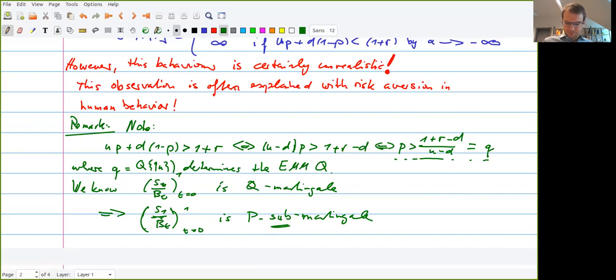And what does it mean? This means that this price process is in favor of the investor, right? Because a sub-martingale is a game where we expect to win on average.